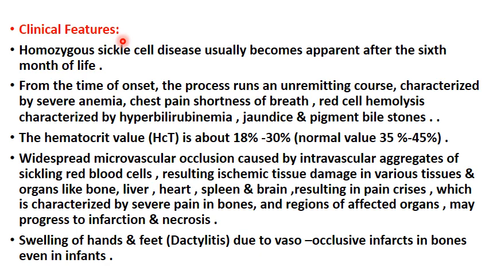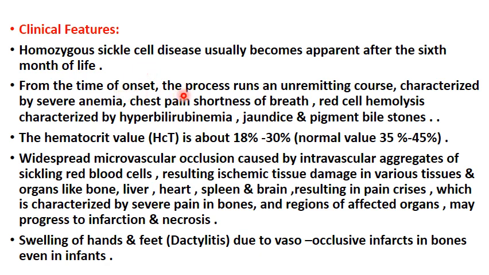Clinical features. Homozygous sickle cell disease usually becomes apparent after 6 months of life. Why after 6 months of life? Because in the first 6 months the infant is protected by hemoglobin F. This is a fact.